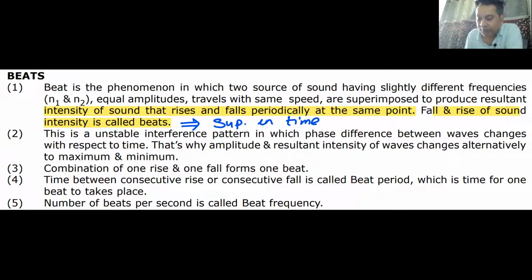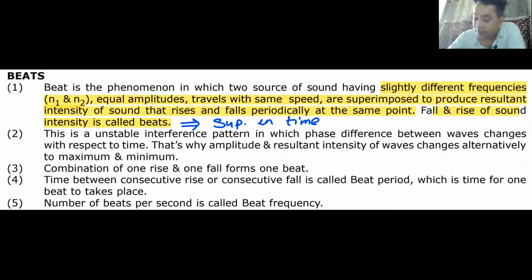When waves are superposing in such a way that at one point you will hear maxima, minima, and the intensity keeps on changing, it will only happen when you have two sound waves of slightly different frequencies, equal amplitudes.